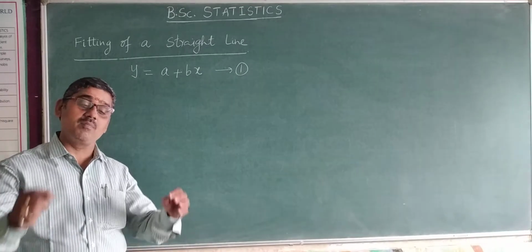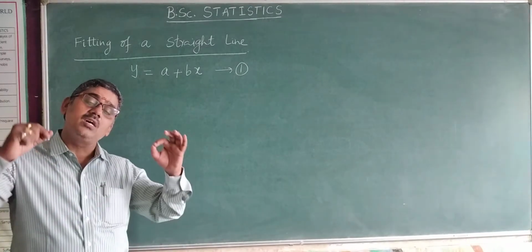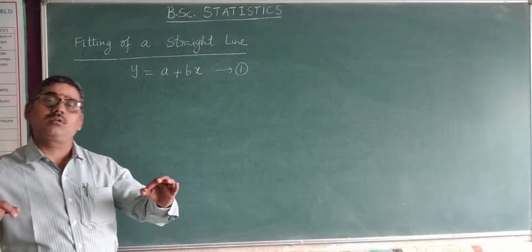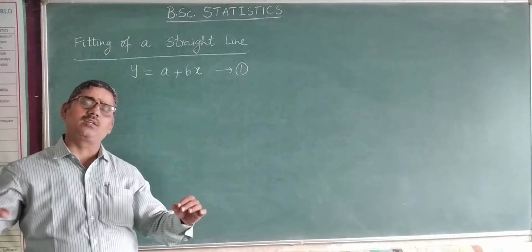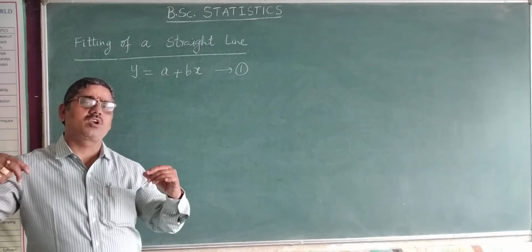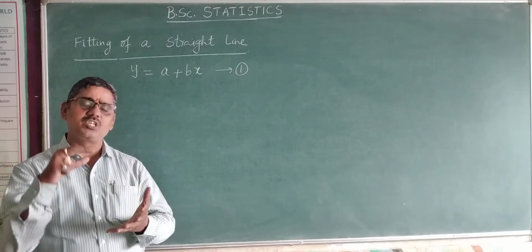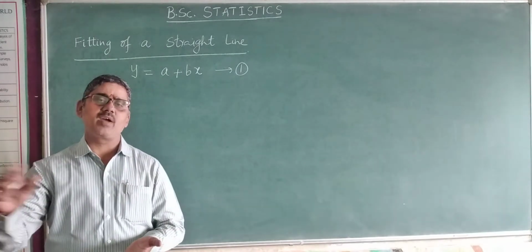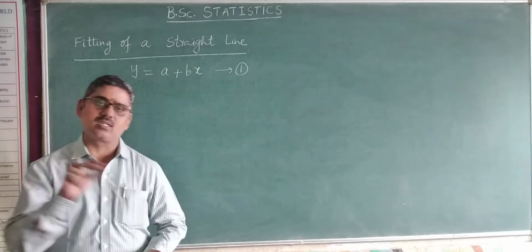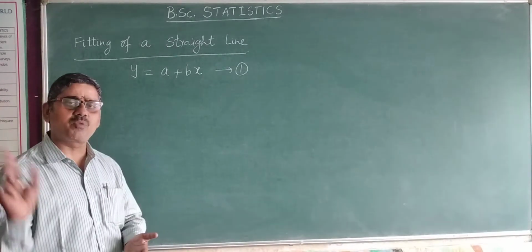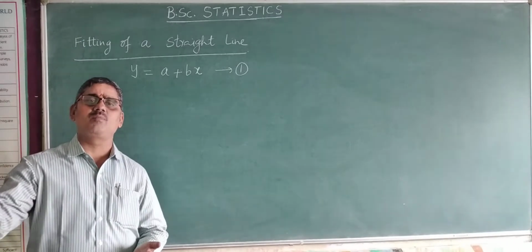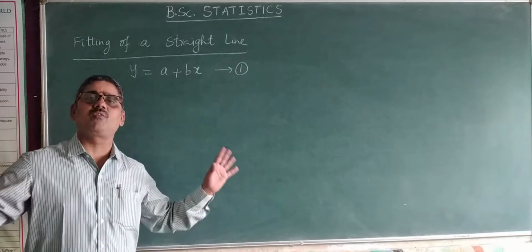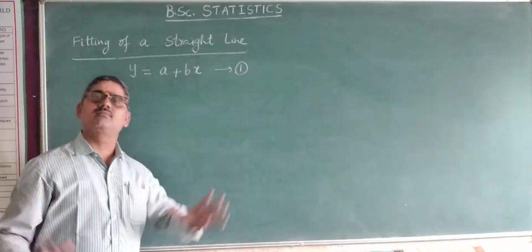That is, the mean deviation is minimized to the maximum extent. Whatever is minimized in this particular principle cannot be minimized by using any other principle. That is the meaning. By using any other principle, it cannot be minimized more than this, right?